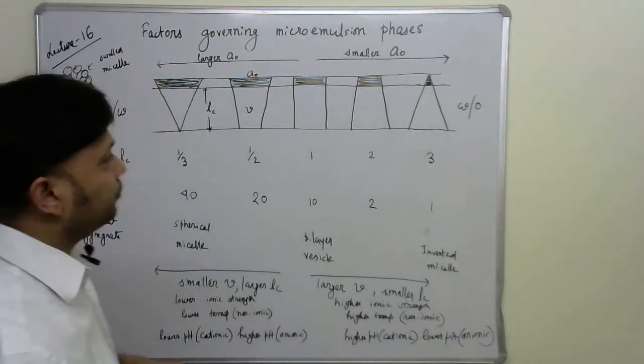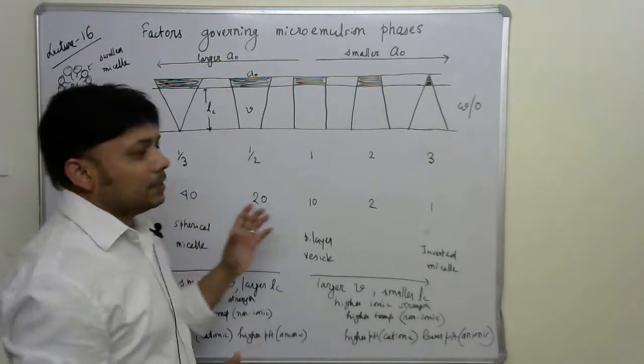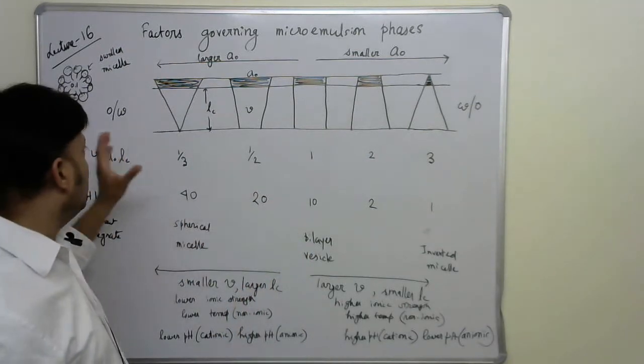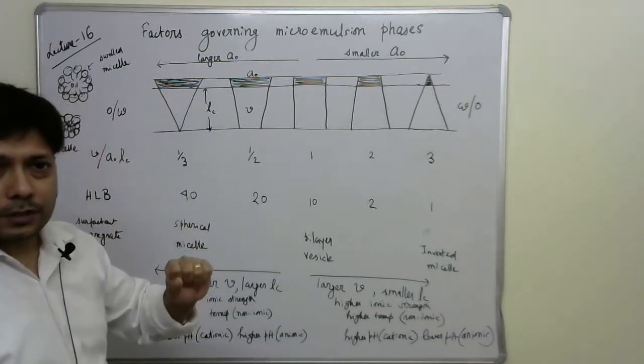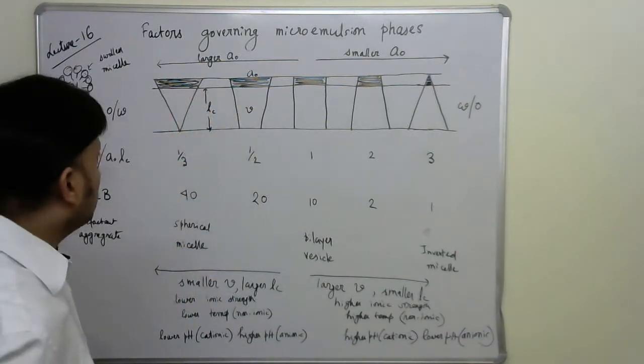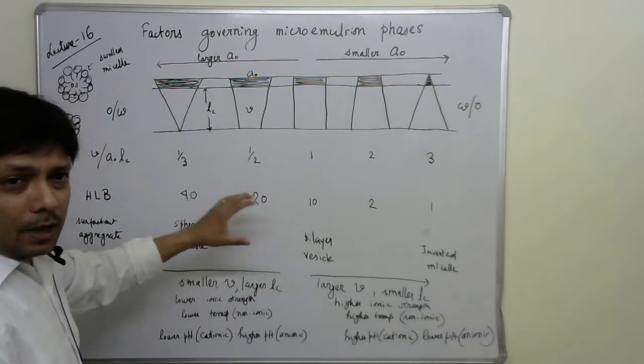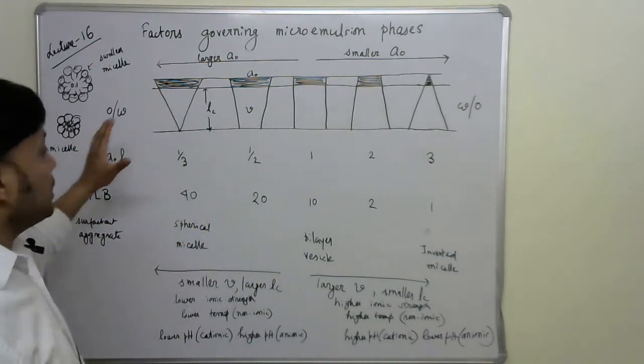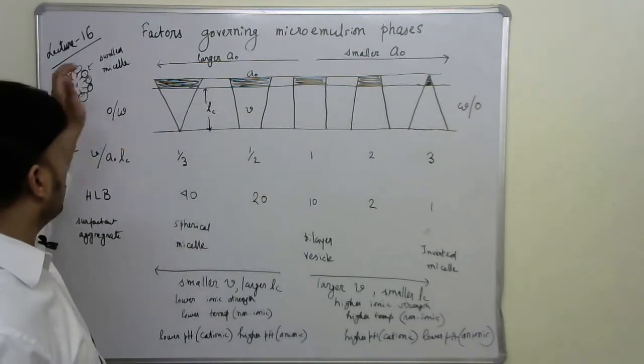Now we are going to discuss how the critical packing parameter affects the microemulsion phases. I have drawn some schematic diagrams and written some numbers. Let me explain this gradually.